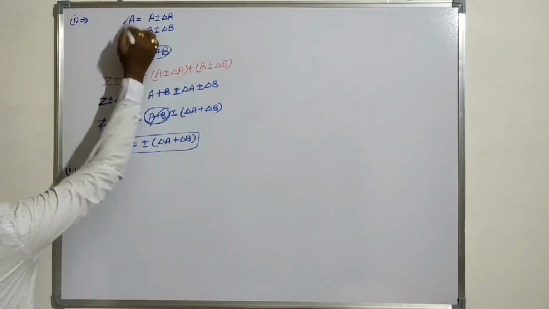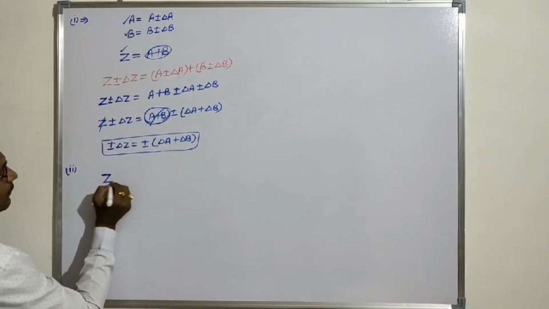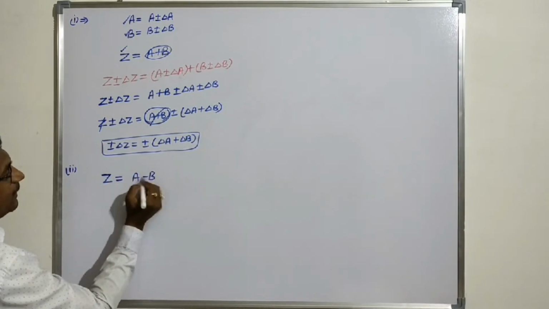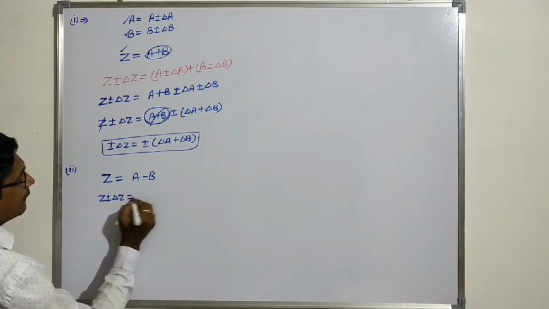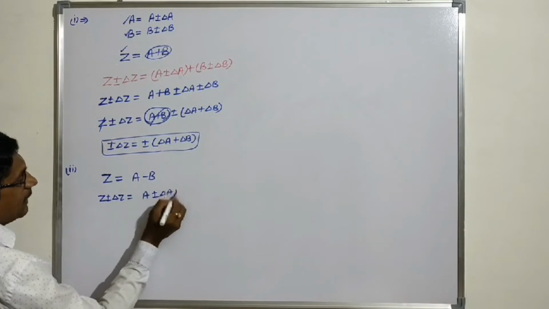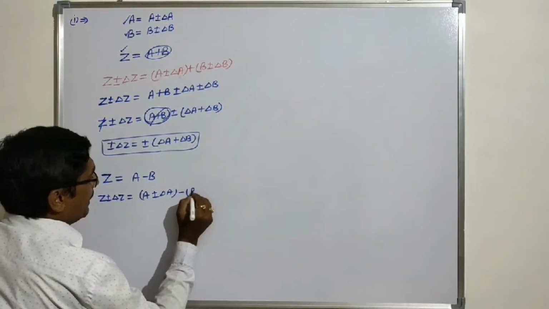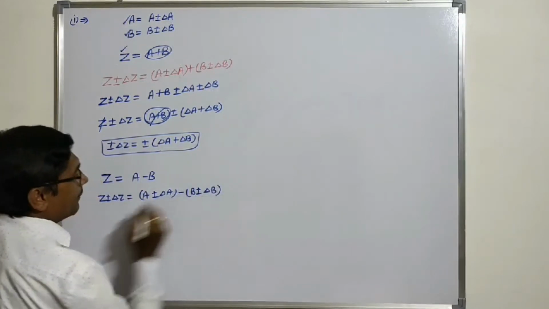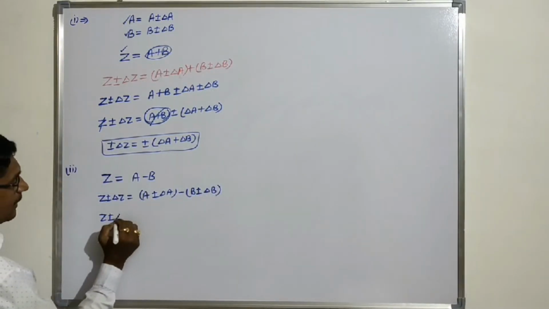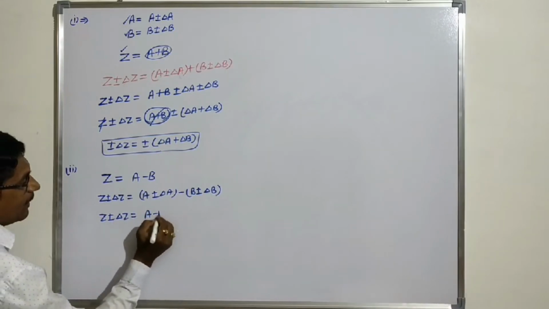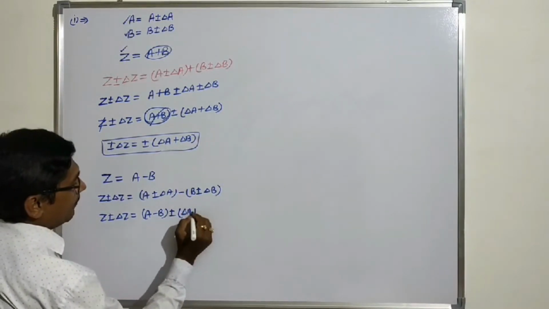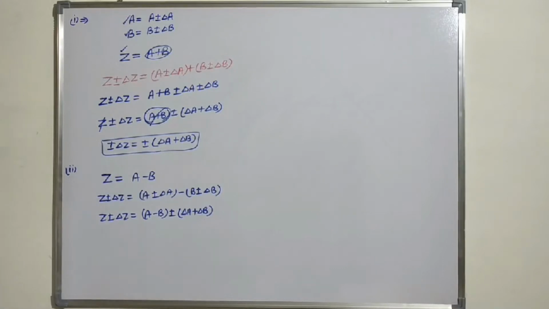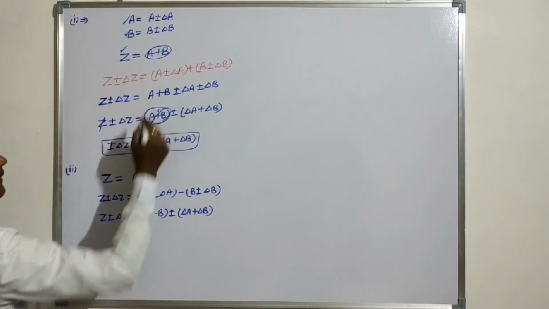So A equals this, B equals this. Assume Z equals A minus B. This can be written as Z plus minus del Z is equal to A plus minus del A minus B plus minus del B. So Z plus minus del Z is equal to A minus B plus minus del A plus del B. Here we change the sign from positive to negative.